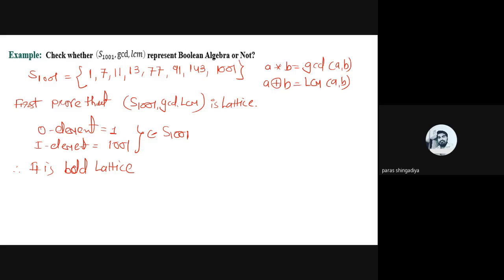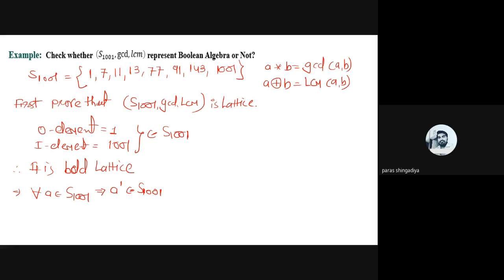Okay, and if it is a bounded lattice, we can check whether it is complemented or not. So for the complement we'll check that for every A belonging to S1001, ठीक है, सभी एंट्रीज के लिए A dash exist होना चाहिए, and that should be part of S1001. ये प्रूव होना चाहिए.